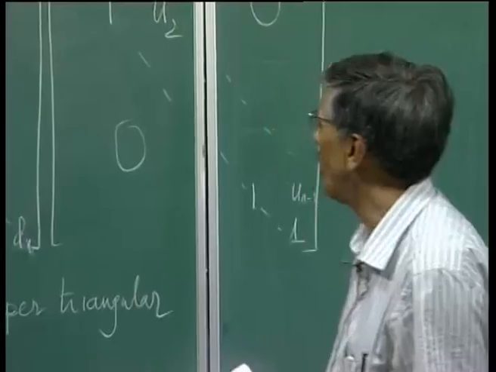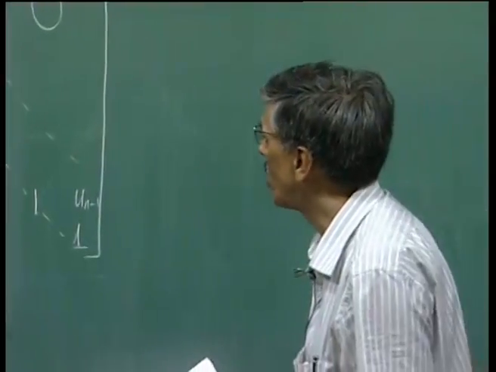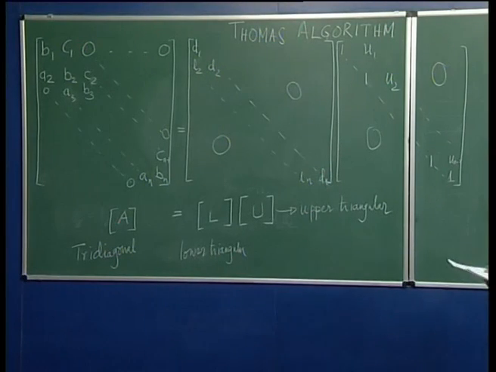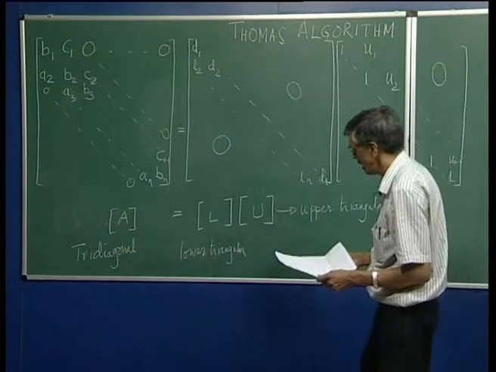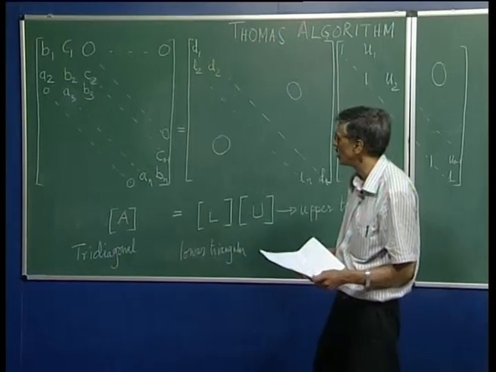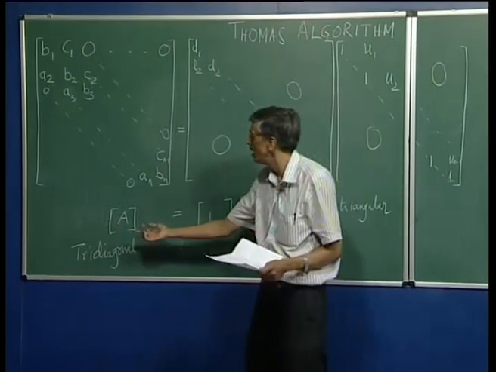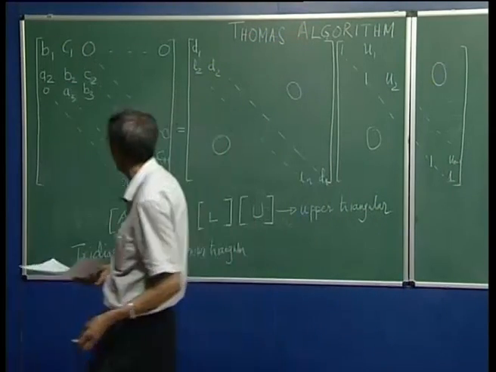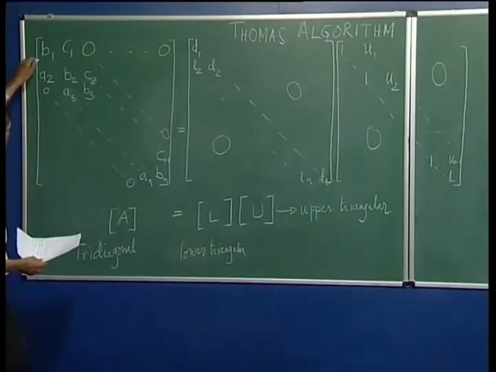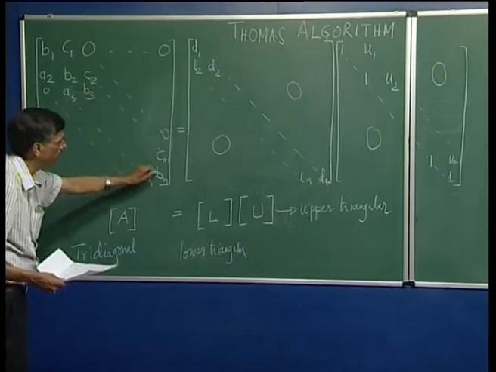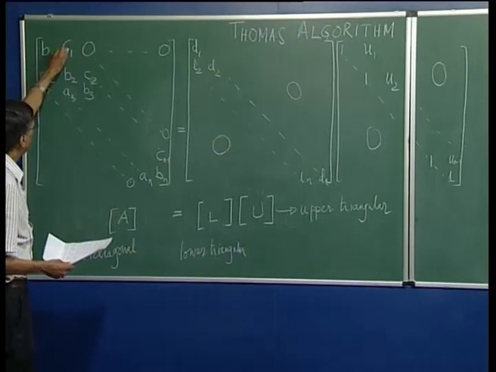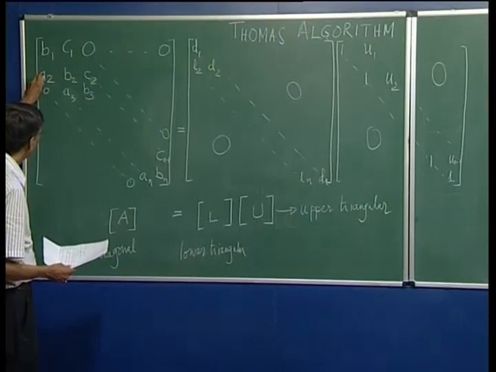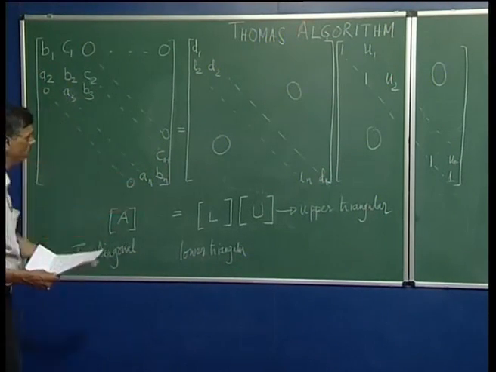Next, we are going to talk about a special algorithm called the Thomas algorithm, which is used to solve in a direct fashion a tridiagonal matrix, which we have written here as the A matrix, which has three banded entries: B i's along the main diagonal, C i's along the super diagonal and A i's along the sub diagonal.